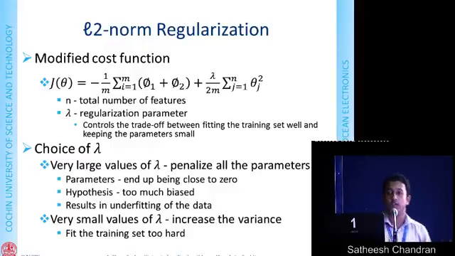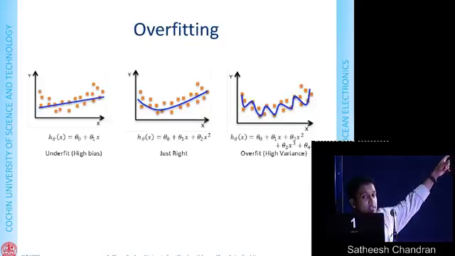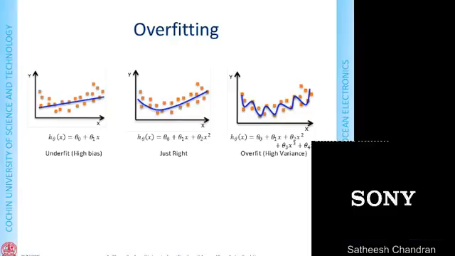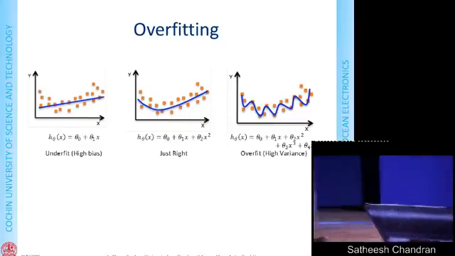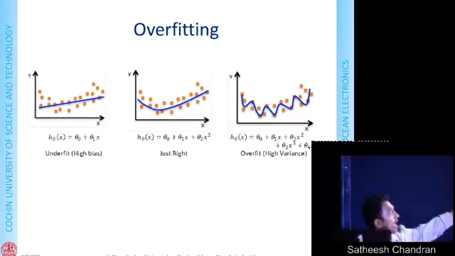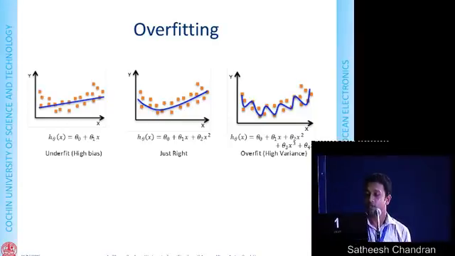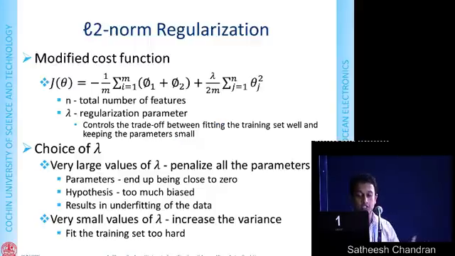Thus, the choice of lambda assumes great significance, because a very large lambda penalizes all the parameters. We have shown here the graph with very large values of lambda. The graph becomes like the first one, resulting in underfitting of the data, and when lambda is small, it results in overfitting or high variance. So we have to choose an optimal value of lambda to get the right hypothesis. The choice of lambda assumes great significance.